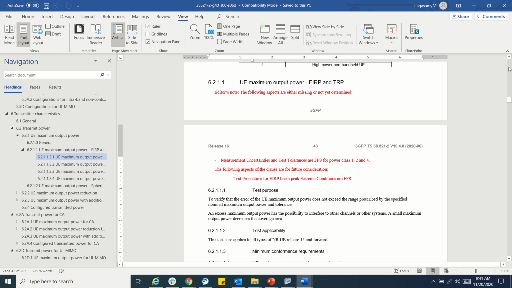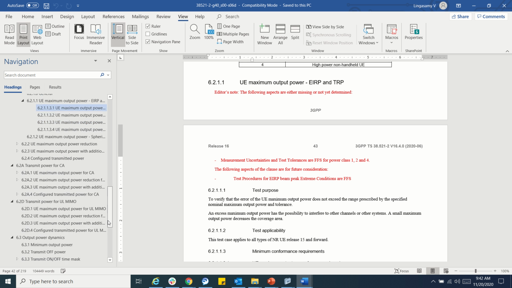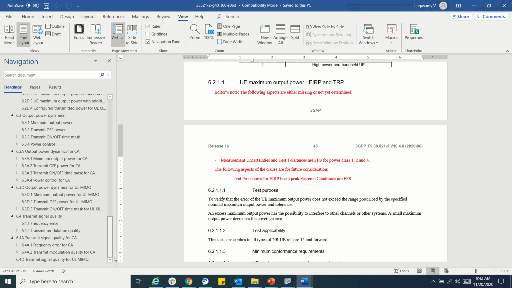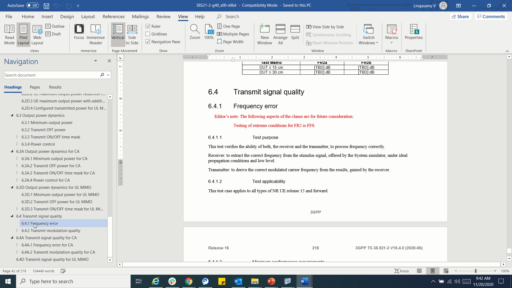By analyzing the signals, we can find EVM and ACLR, adjacent channel leakage ratio, and error vector magnitude, spectrum flatness, carrier leakage, out-of-band emissions, occupied bandwidth. So many things are there, for different scenarios such as carrier aggregation and uplink MIMO. Transmit signal quality, for example frequency error, is one of the test cases.